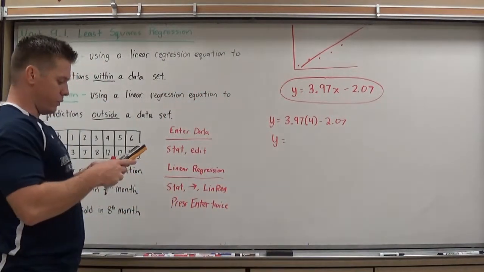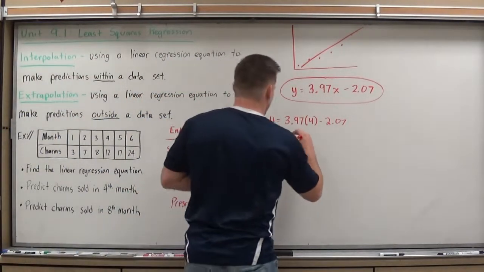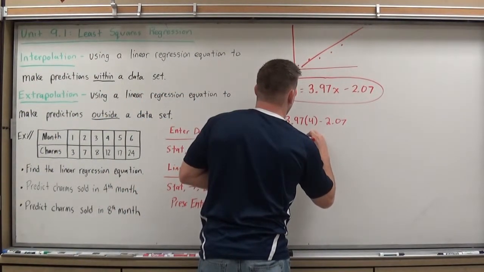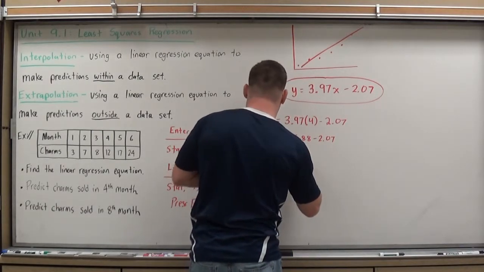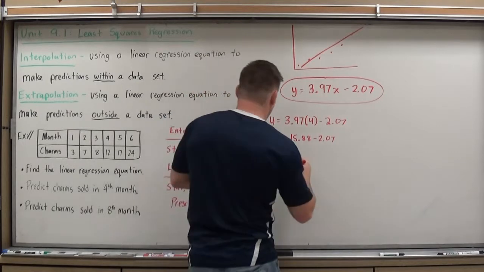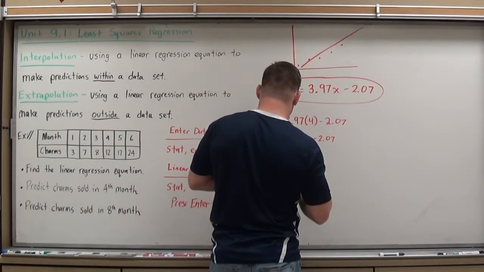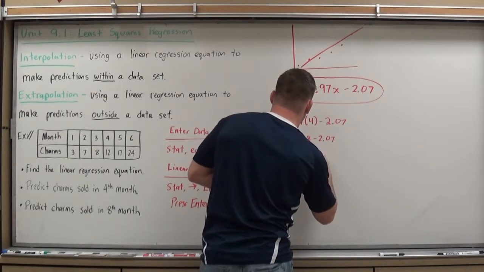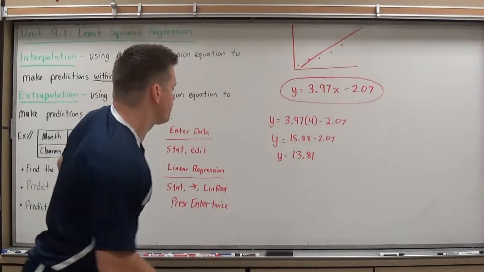So I will do 3.97 times 4, which is 15.88, subtract out 2.07, and get 13.81. So that's my prediction.